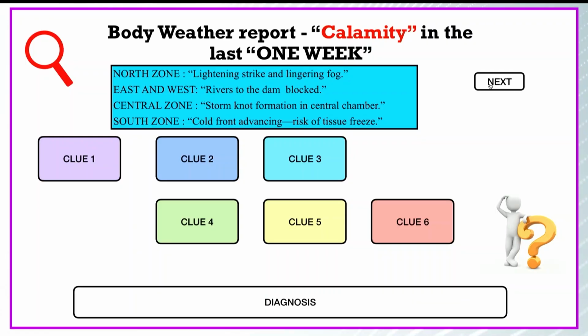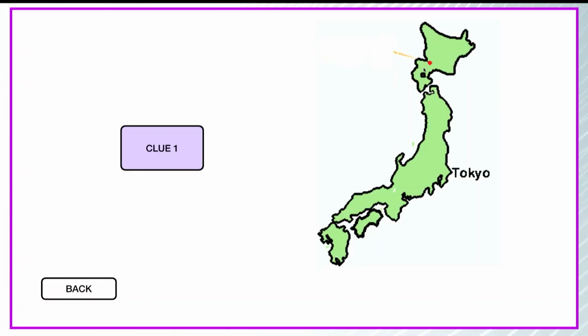Calamity we chose to be a synonym for catastrophic. That way we highlighted it in red. What is this? This is a map of Japan, and the red dot is the place called Sapporo, where the Sapporo criteria for APS came from.